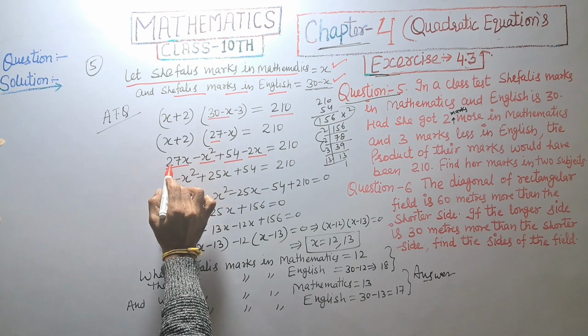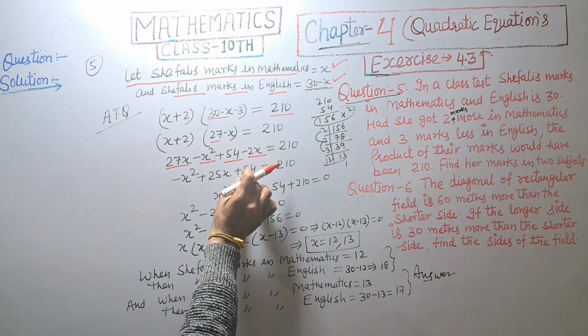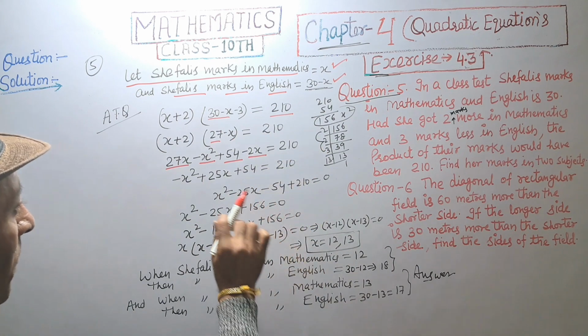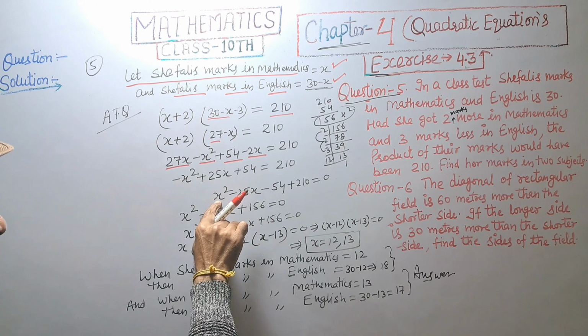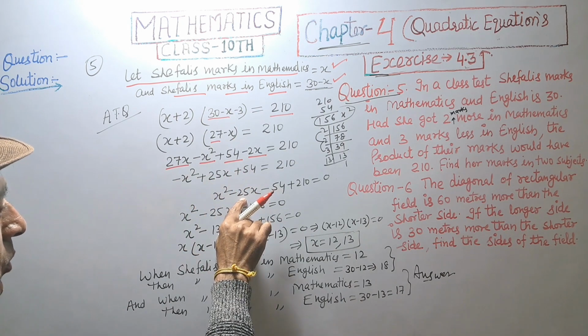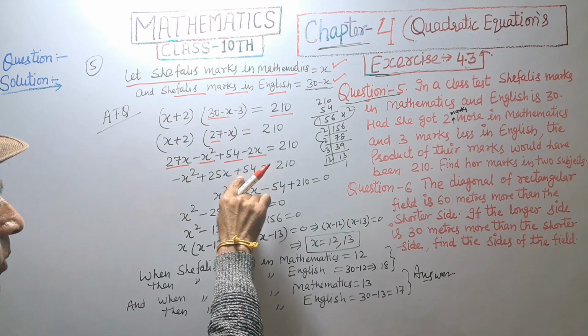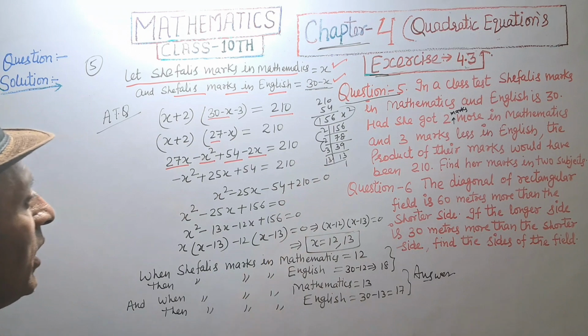Minus x square, 27x minus 2x, that is 25x, plus 54 equal to 210. We are shifting right side, minus, that will be positive, plus 25, that will be negative 25, plus 54, that will be minus 54, plus 210 equal to 0.